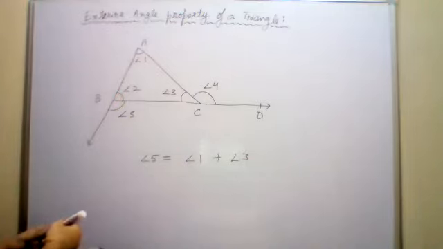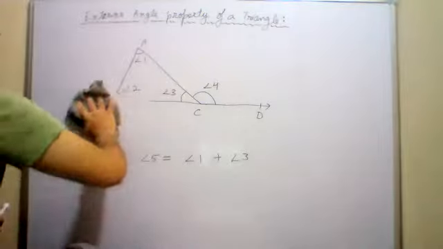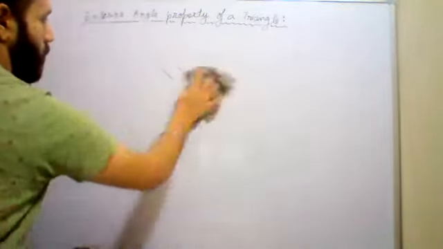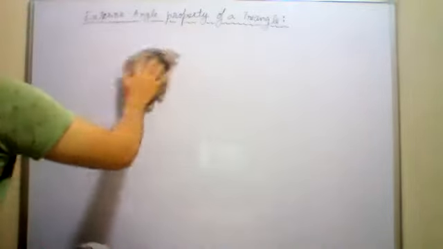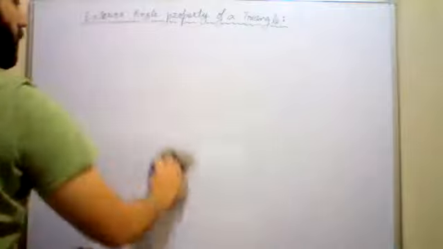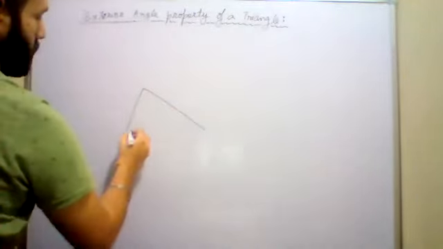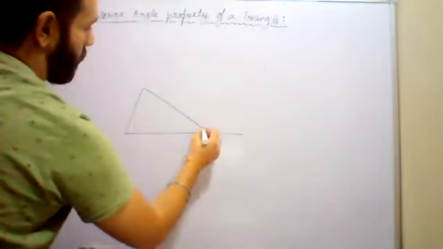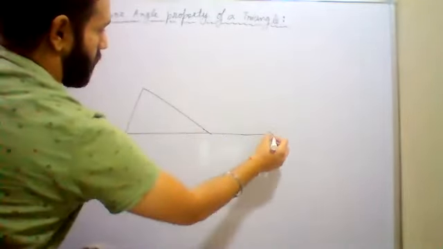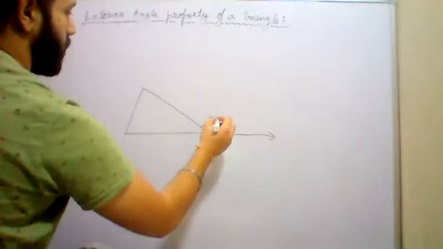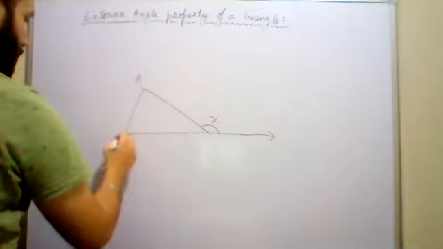Okay. So let me just check whether you all have understood or not. I am going to give you a small question. This is to be done orally. You don't have to write in your copies. Don't write anything in your copies. So this is just to check whether you have understood or not. So this is a figure. You have to tell me what is the value of x.